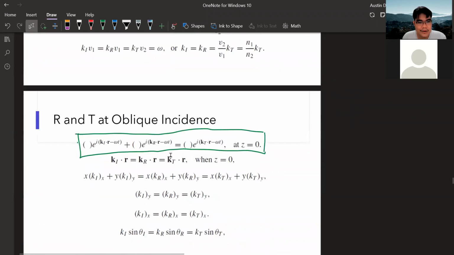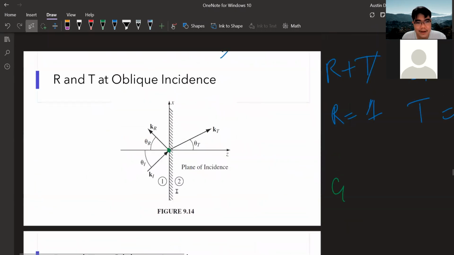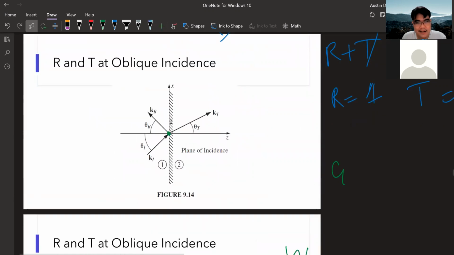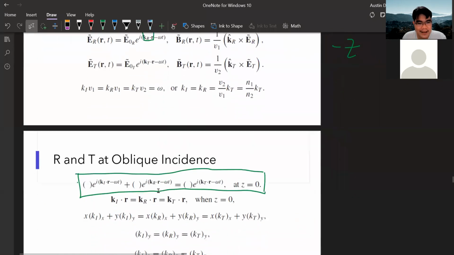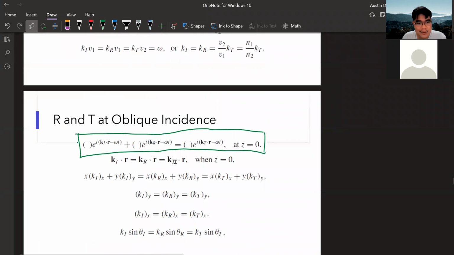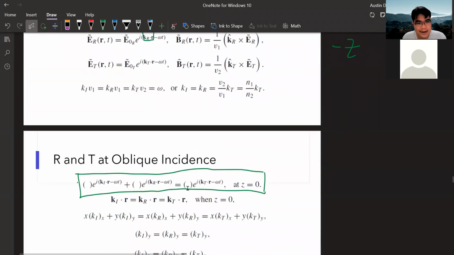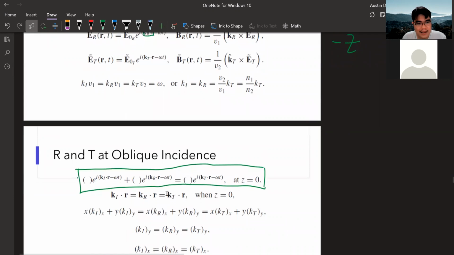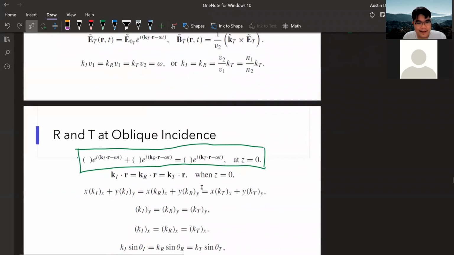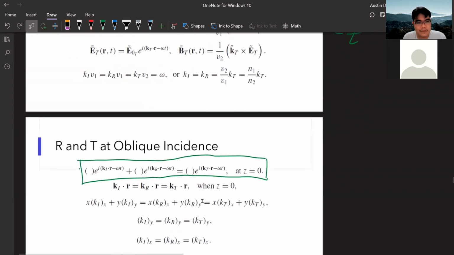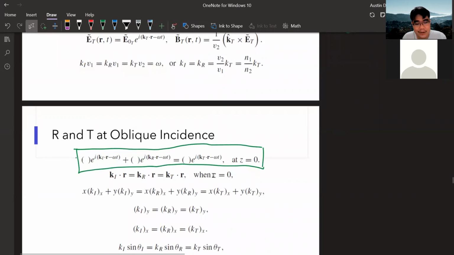Okay. So, I want to convince you guys that when we are in z is equal to 0 at the interface, everything here would be equal. Paano ba natin i-imagine ito na equal siya? At z is equal to 0 lang naman, di ba?